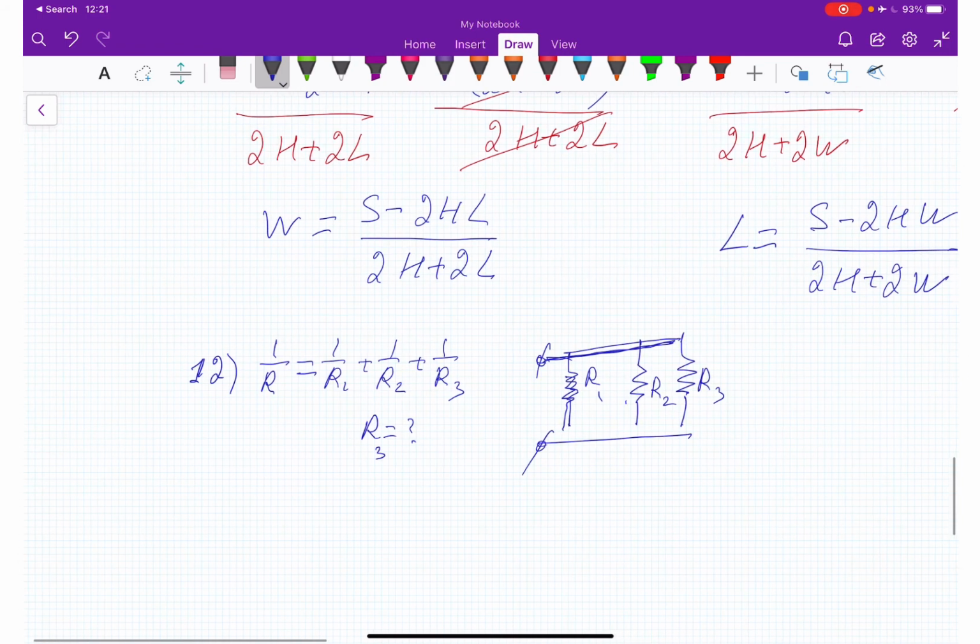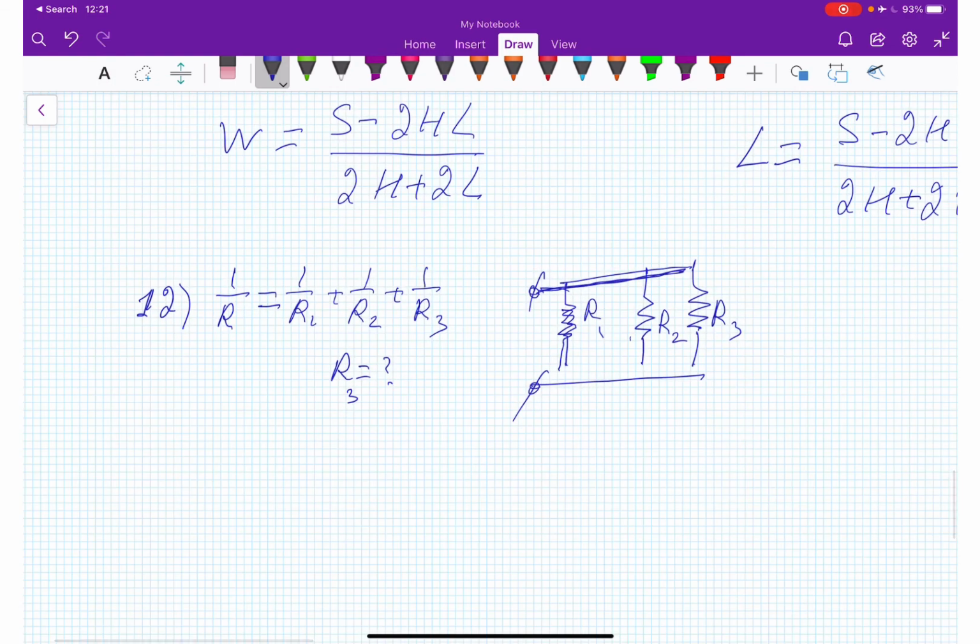How are we going to find out? Remember, using math, algebra, because we are dealing with fractions, we are going to bring to a common denominator, correct? What is going to be the common denominator here? God help us. We have R, R1, R2, R3. All that is going to be the common denominator. Yes? So if I have R, I am missing here R1, R2, R3.